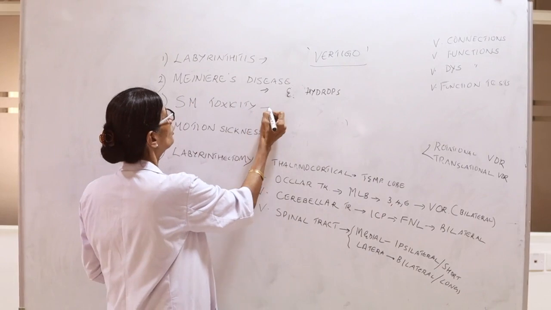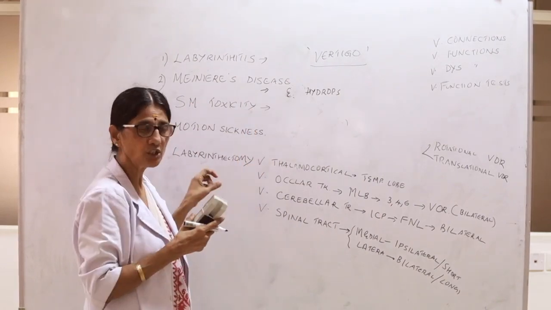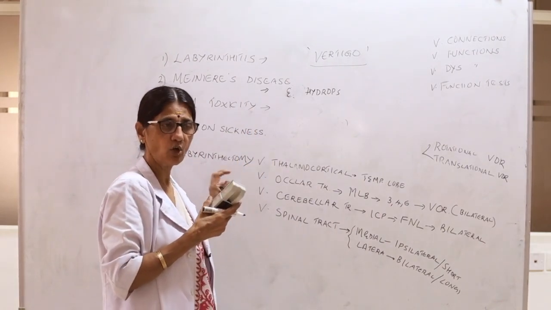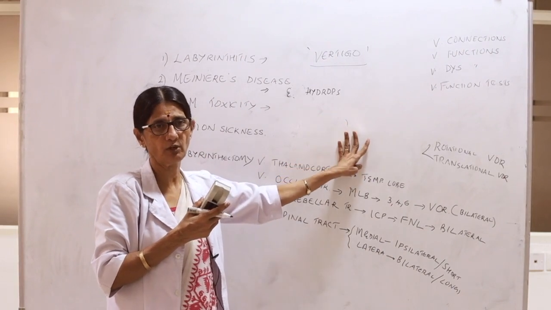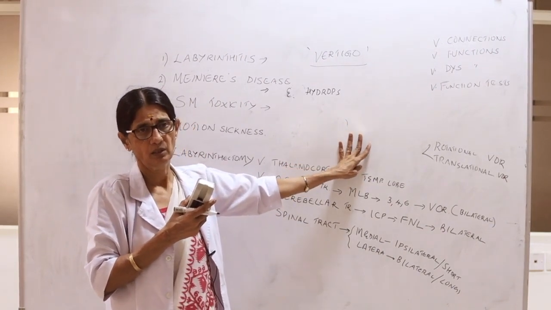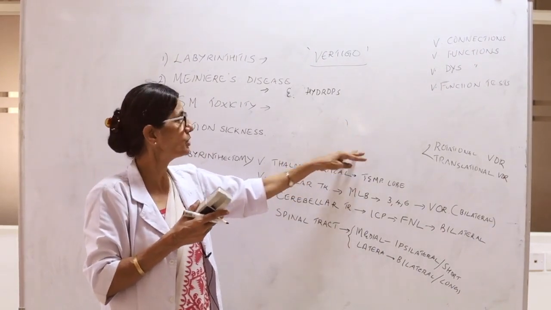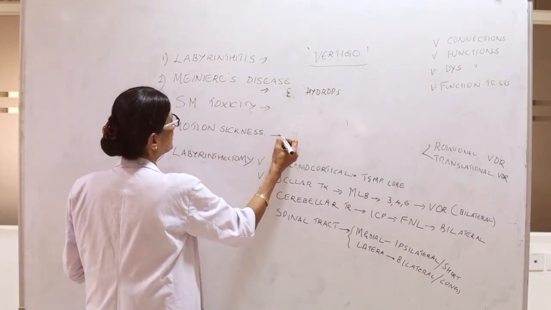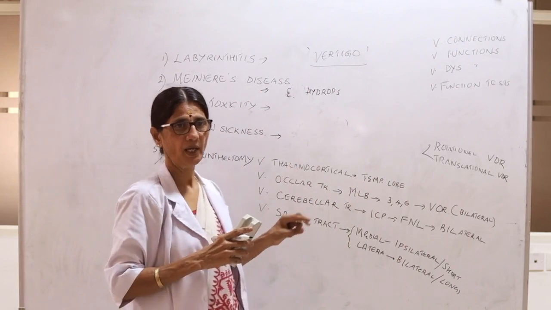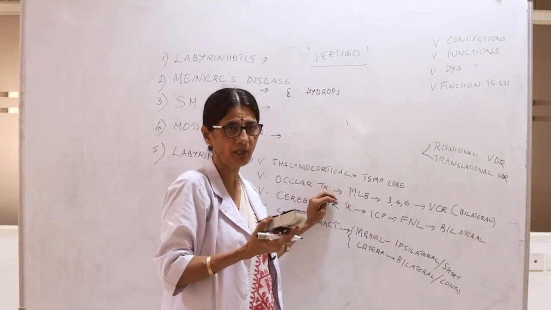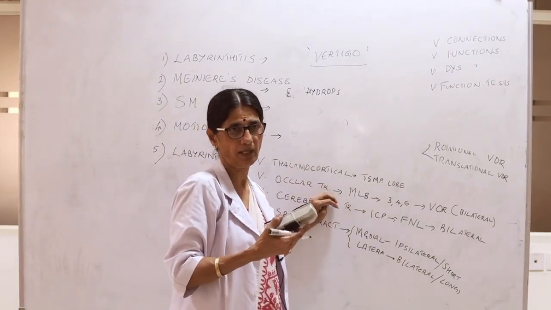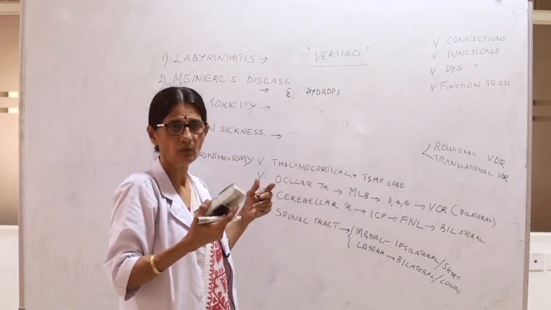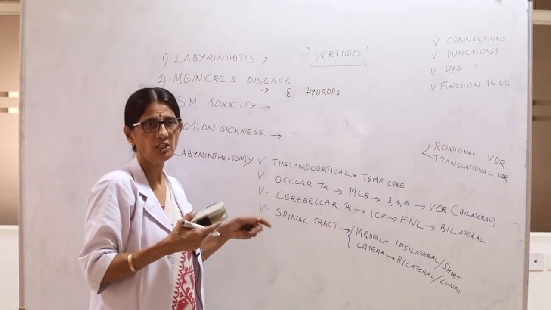And streptomycin toxicity: it is an anti-tubercular drug which also produces the same symptom of vertigo. It is a common complaint of patients having anti-tubercular treatment with streptomycin. Then motion sickness, again, is an excessive stimulation of the vestibular apparatus when the person is traveling. Imagine a person traveling in a ship, especially if the sea is rough.